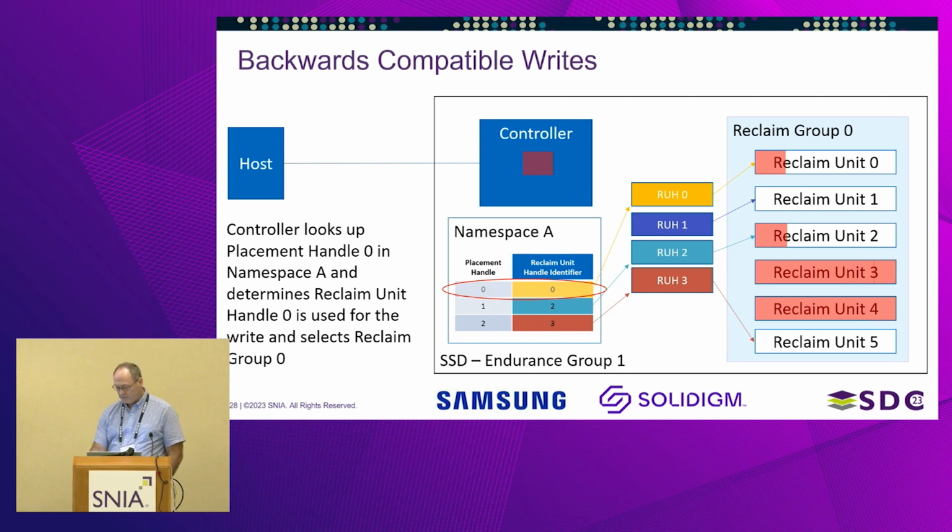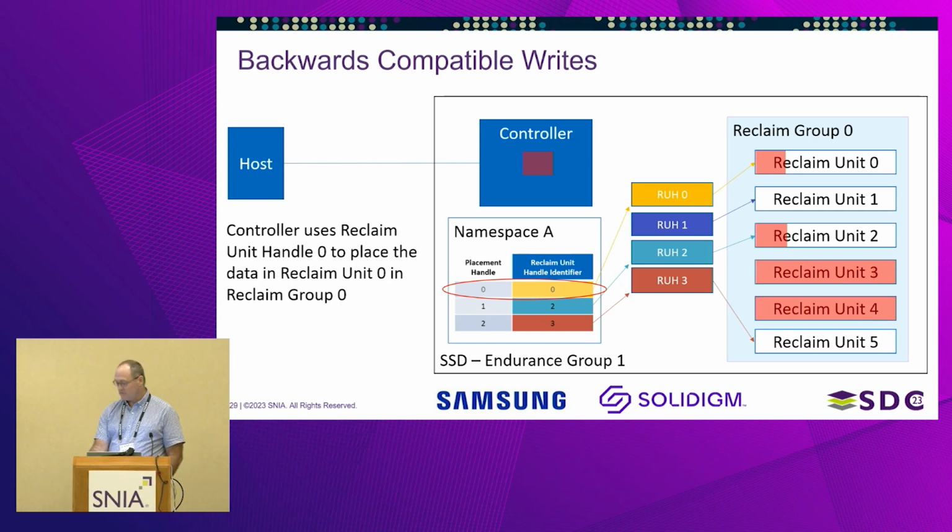There's some advantages with doing this here. So in this case, it's going to use reclaim unit handle 0, which goes over here and does the write. What's the advantage of here is these reclaim unit handles, there's no requirement that the host can't share them across multiple namespaces. Okay?